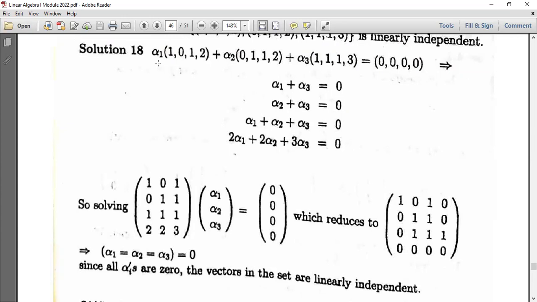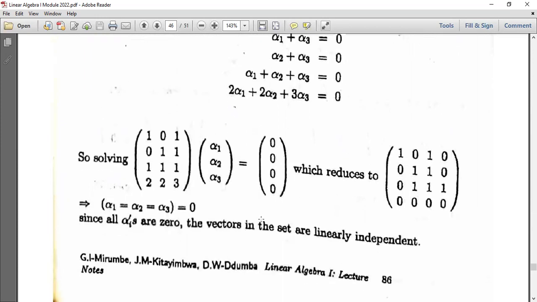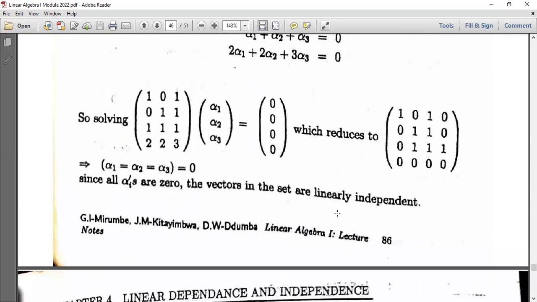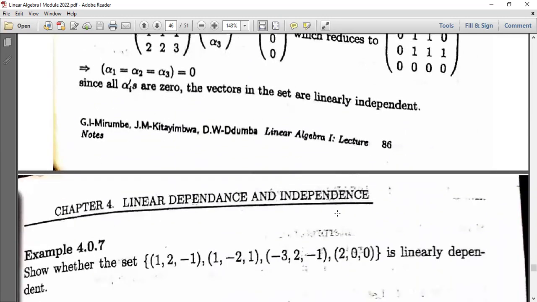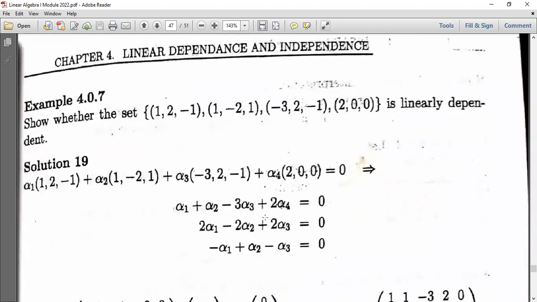So this set here is linearly independent, because the only time this linear combination can be 0 is if all the constants are 0.